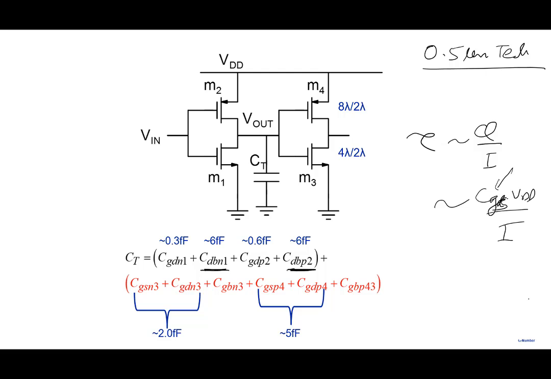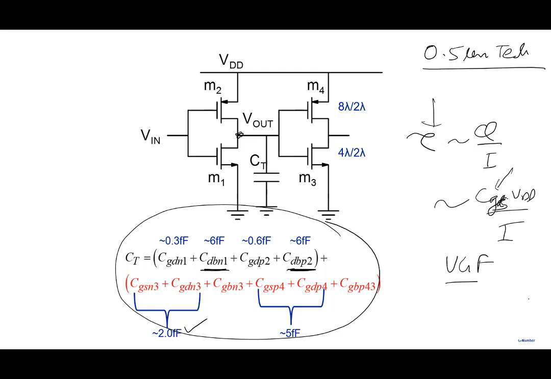But when I go to an inverter, the total capacitance is all these terms here, and CGS at 2 femtofarad is not the only capacitor. There are a huge number of other capacitors. So the delay you get from these simple expressions, or UGF, is like an upper limit. In practical cases you will never reach it, because other capacitors also come into the picture, and you'll not be able to operate the transistor at that higher frequency.